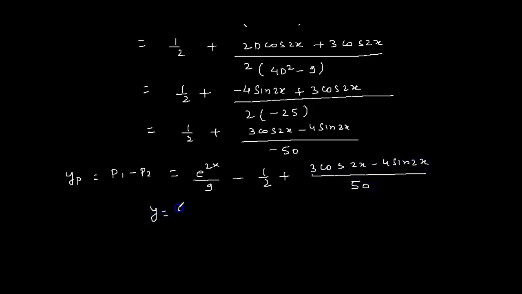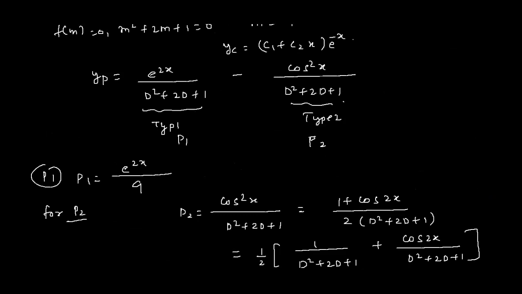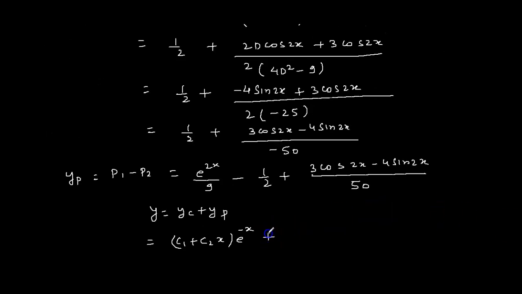So y is equal to yc plus yp, (c1 plus c2 x) into e power of minus x, we got it, right? Plus this one, e power of 2x by 9 minus half plus 3 cos 2x minus 4 sin 2x divided by 50.